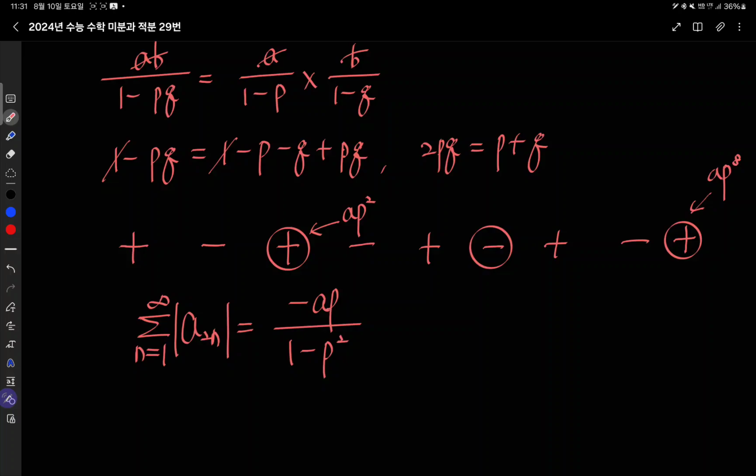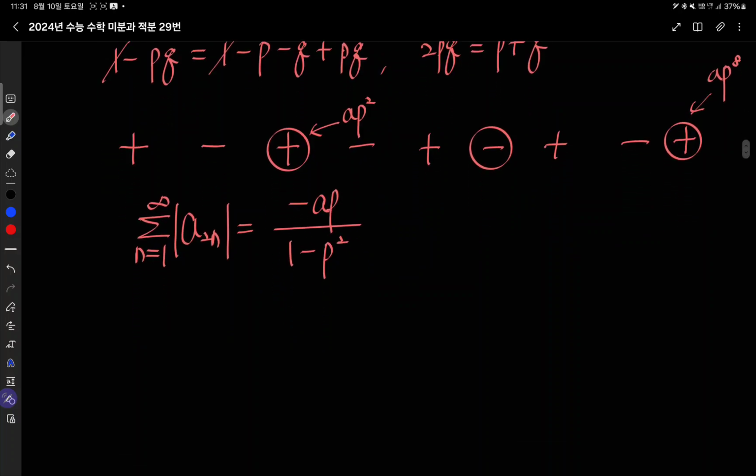Because they are positive, we don't have to change the sign. So the infinite series will be AP squared over 1 minus P to the 6th power.